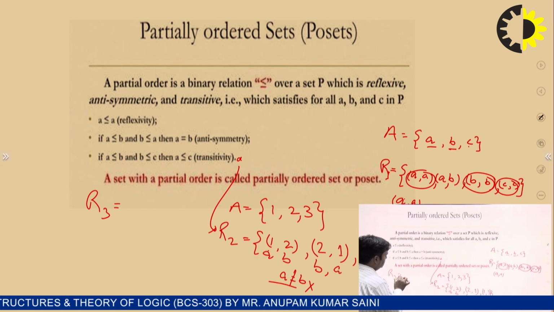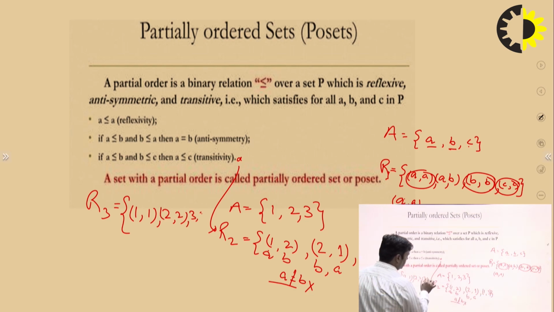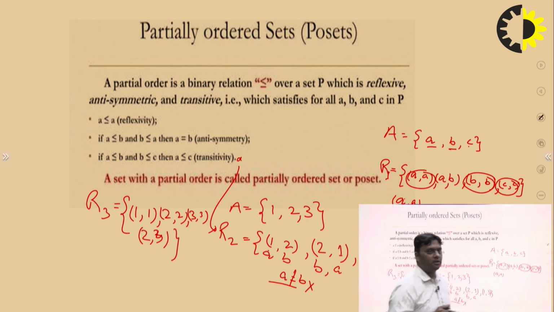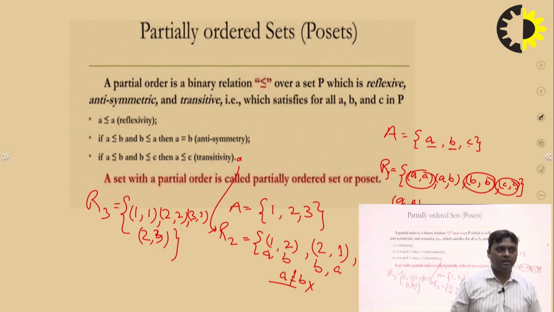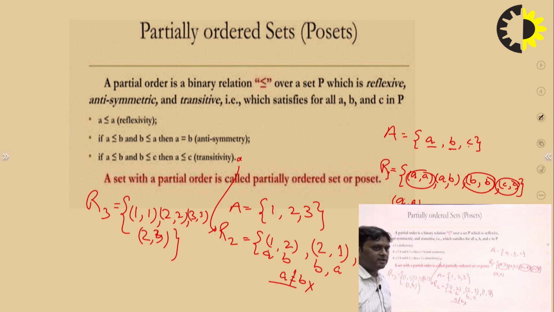In another example, take R3 as (1, 1), (2, 2), (3, 3) and (2, 3).